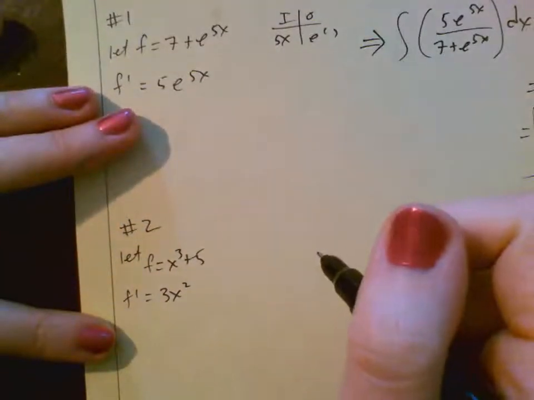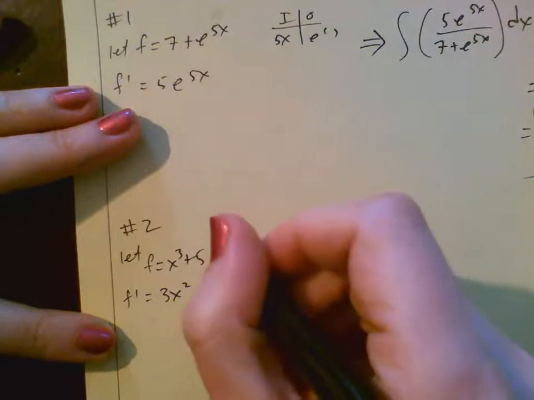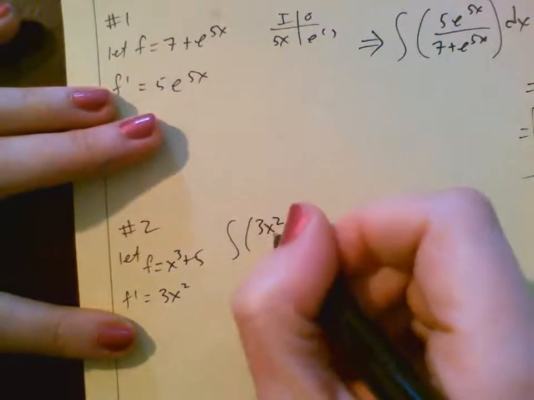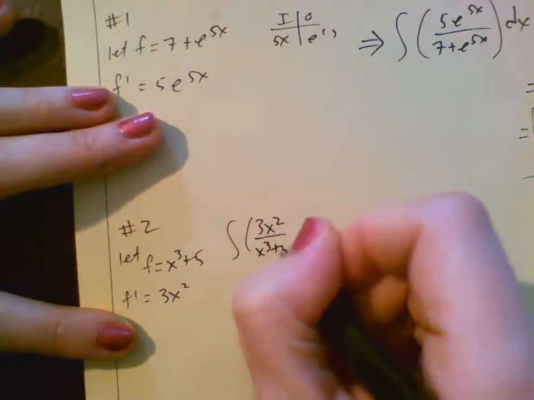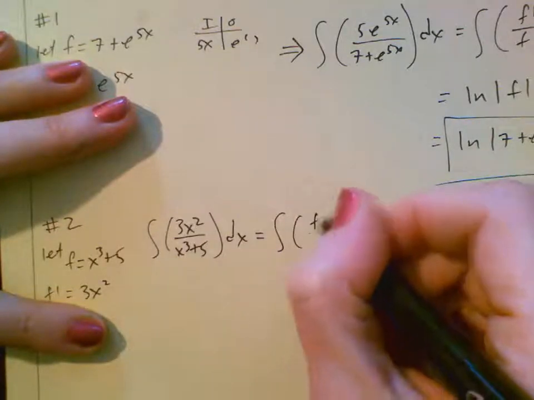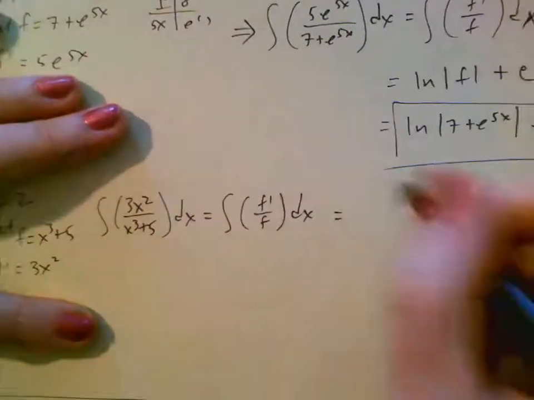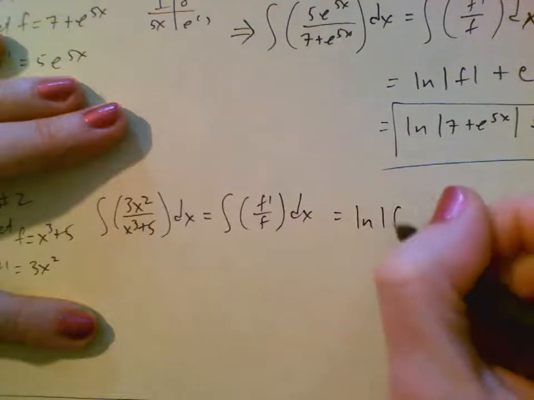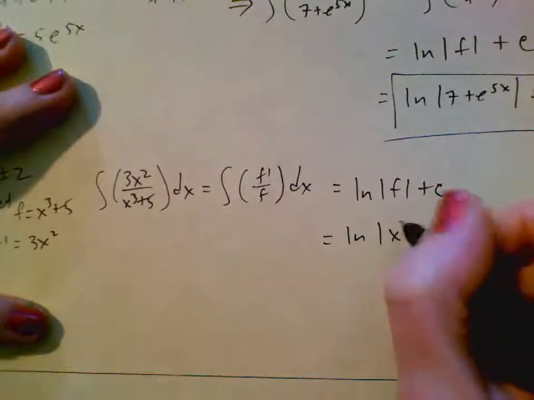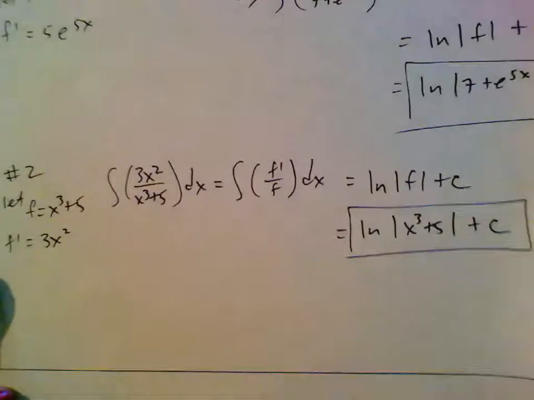So we've got 3x squared over x to the third plus 5. And so this is equal to f prime over f, which its antiderivative is this, and then f is x to the third plus 5, plus c. All right, that's number 2.